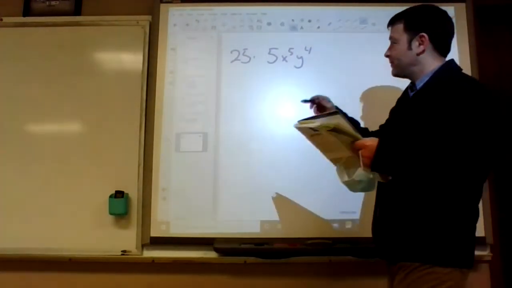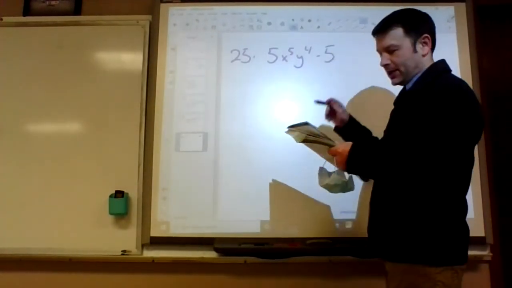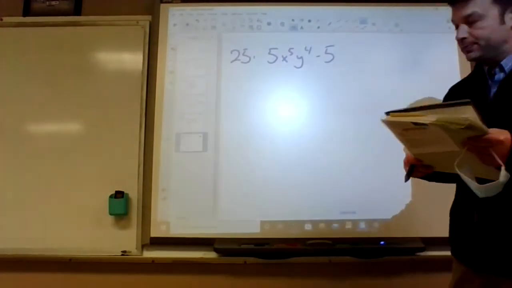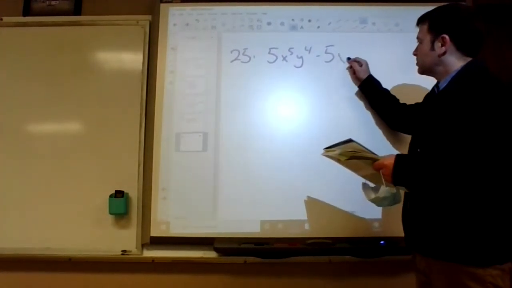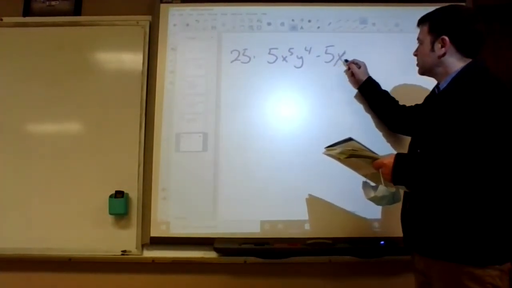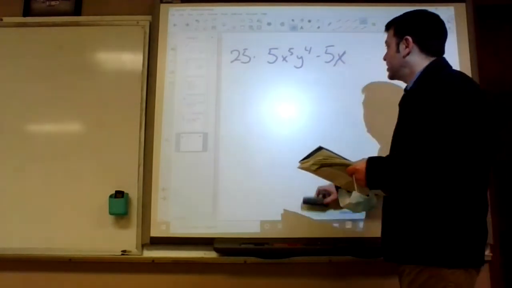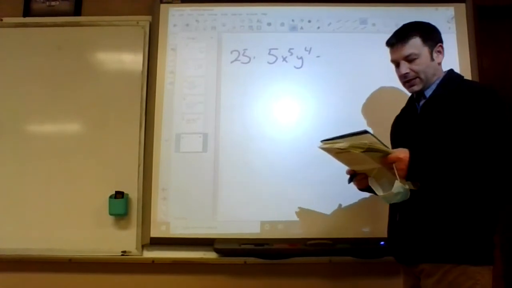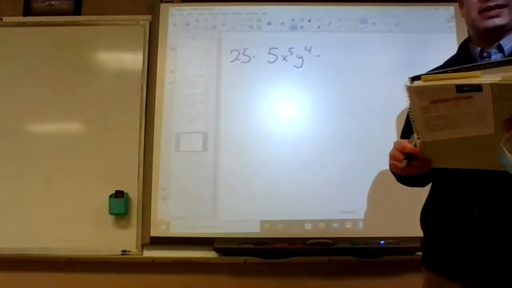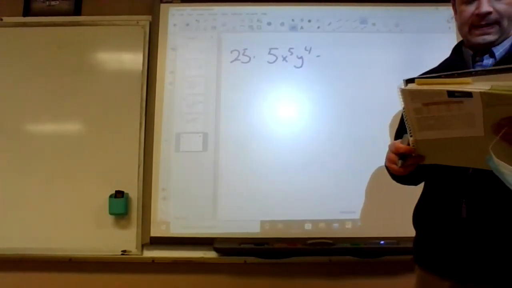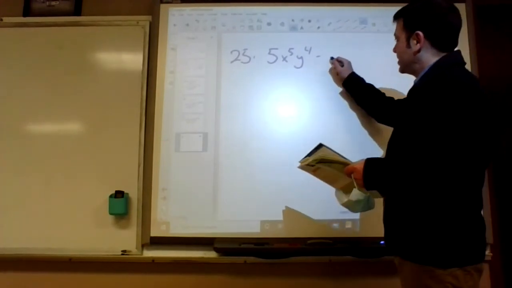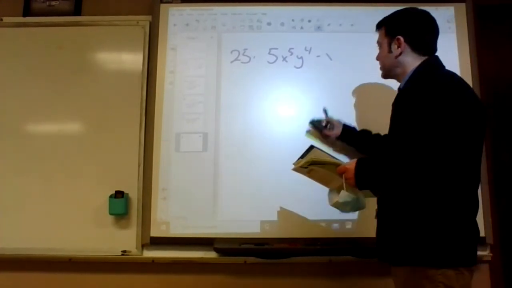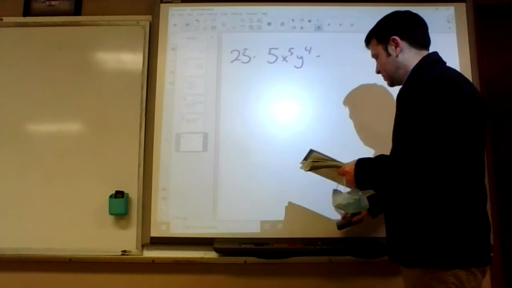It says minus 5. How many x's do we have in the second term? 4. Yes. It says x^3 and then it says x. x^3 times x is actually x^4. So it's minus 5x^4.